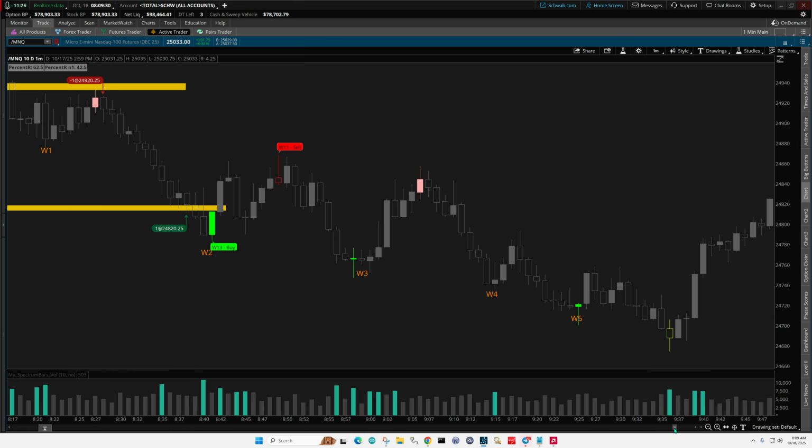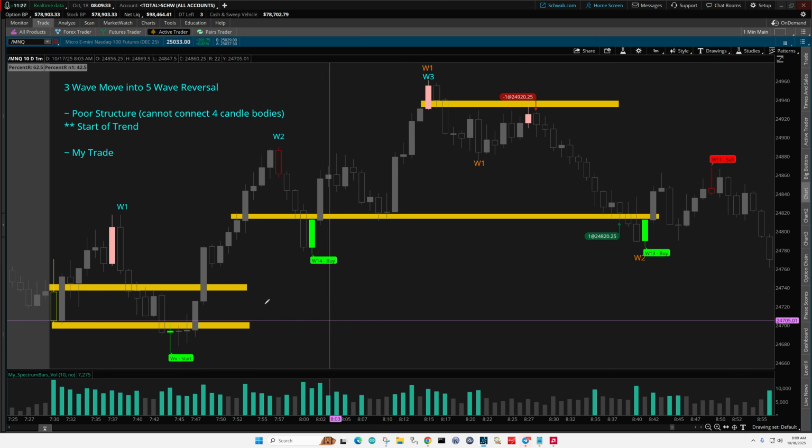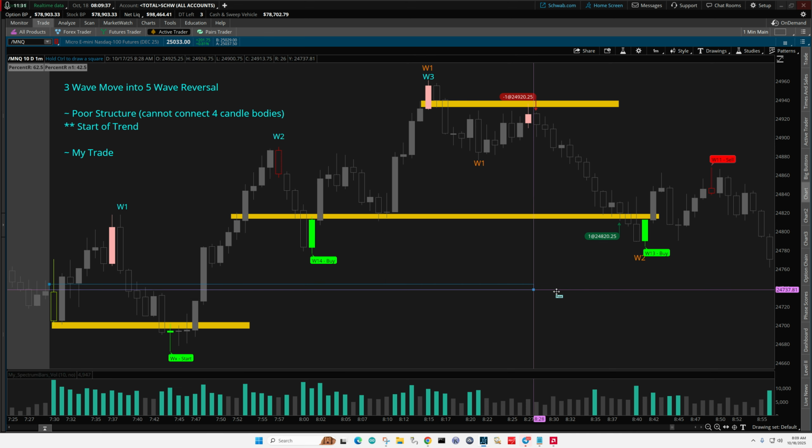Now let's just see if these particular pore structure areas actually filled.